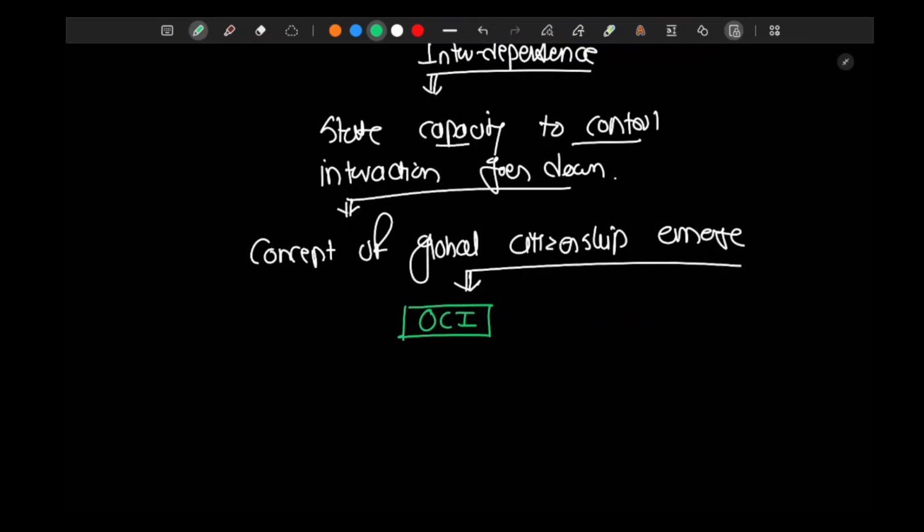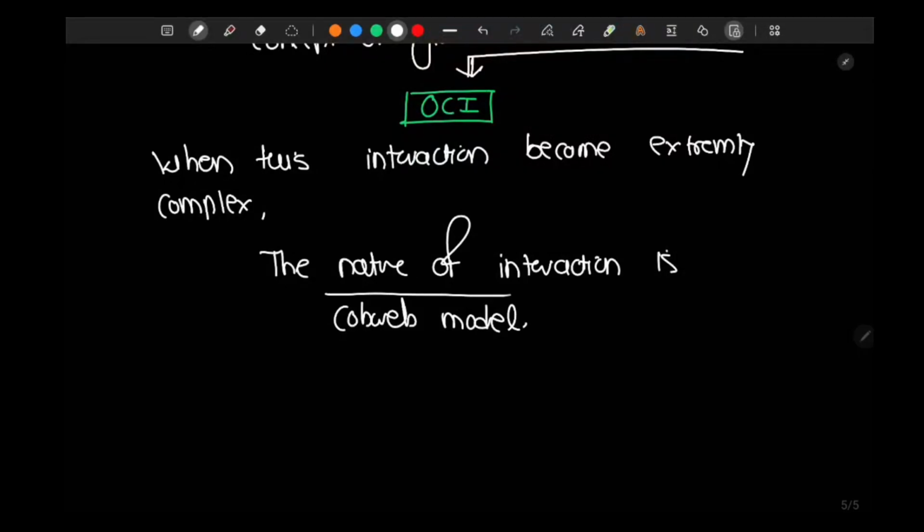When this interaction became extremely complex, the nature of interaction changed, and we get the cobweb model.